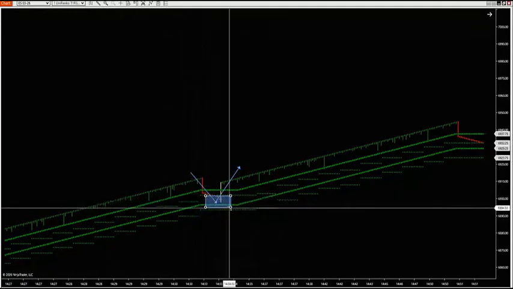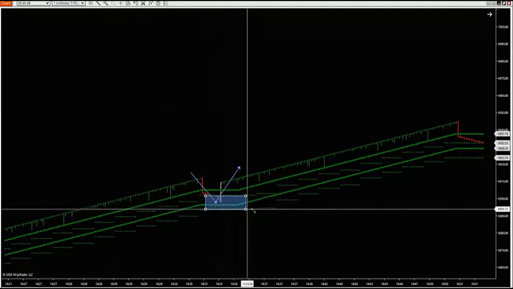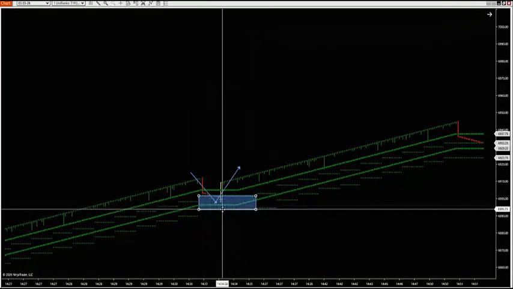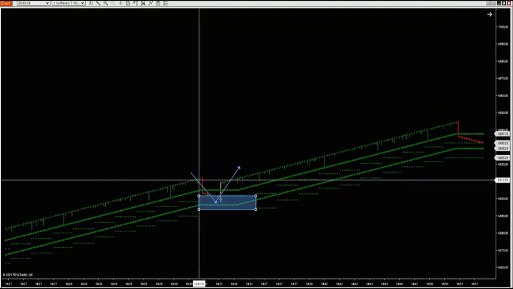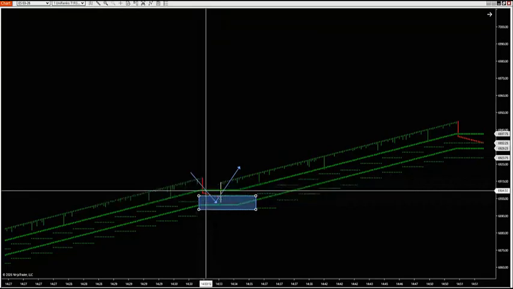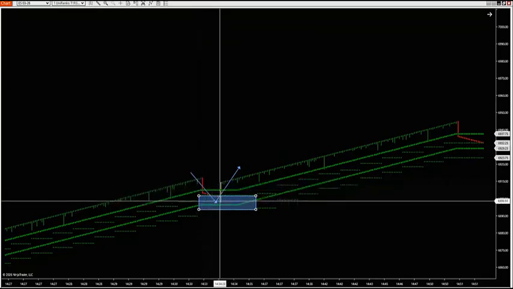So you can see that this is known. These do not repaint. This level was known at 2:34 yesterday, before the market even came down to it. Got inside the zone.